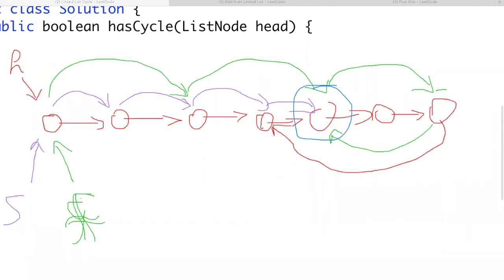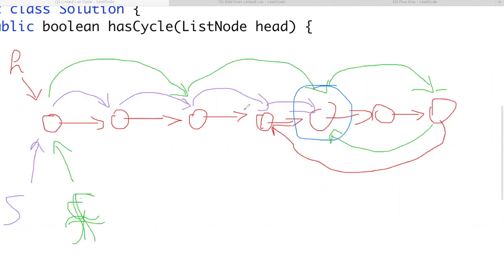Come on, guys, if there is no cycle, then what will be the last element? Remember, every linked list has an end, right?